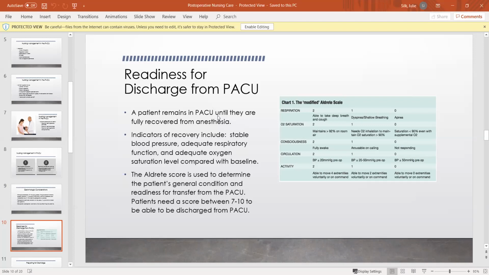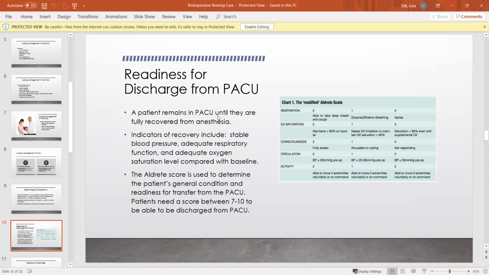And if they're able to move all 4 of their extremities voluntarily, we're going to give them a 2. So if you have an Aldrete score between 7 and 10, you can be discharged from the recovery room. I have the chart right there on how they look at that.